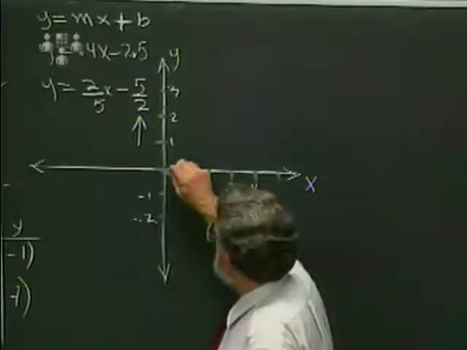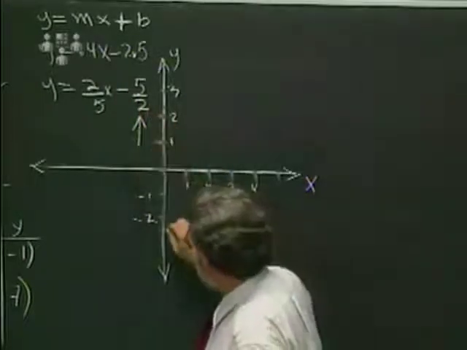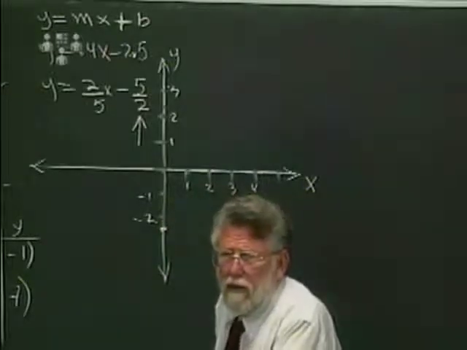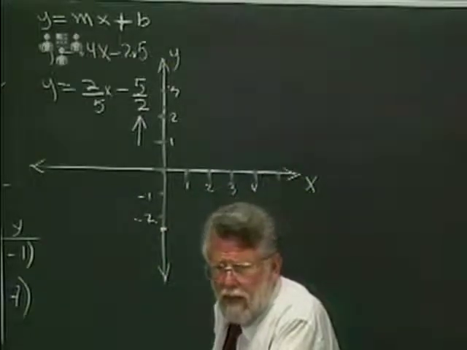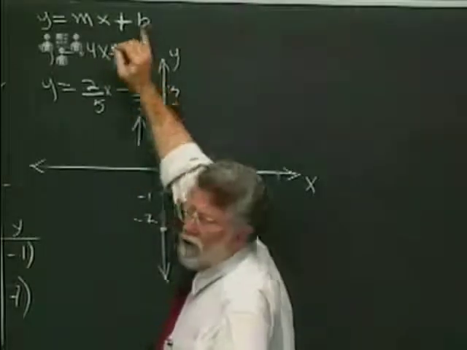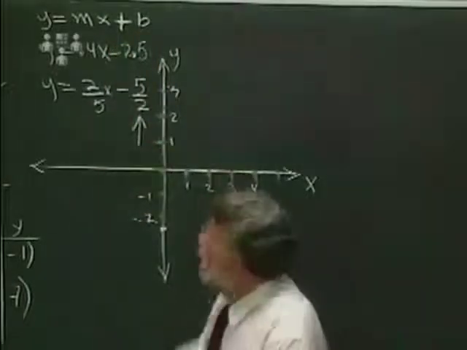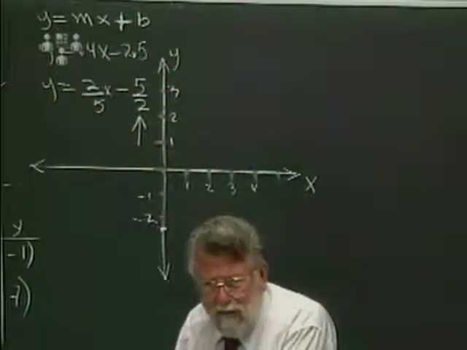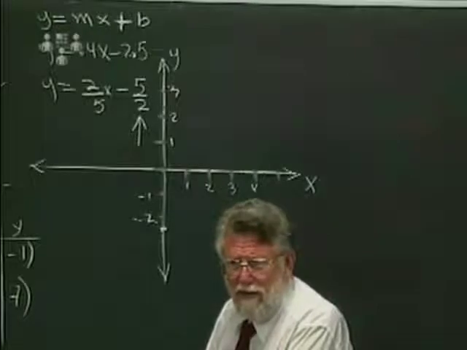So this says you're at negative 2.5. So I'm right there with my point. Again, this form, y by itself, tells you that the part out here is where the intercept is on the vertical axis.